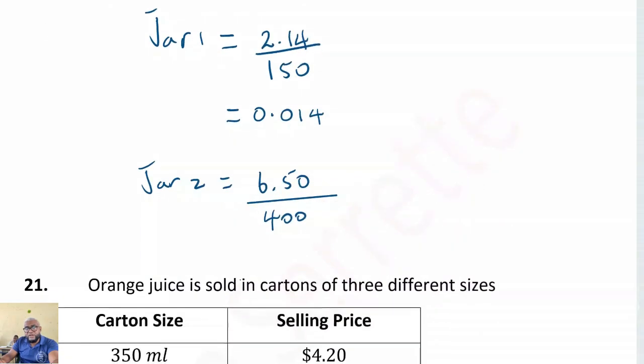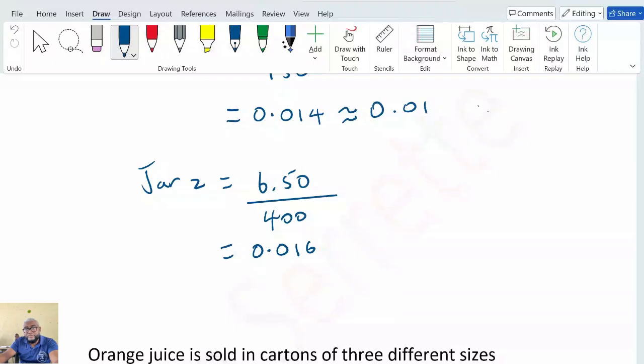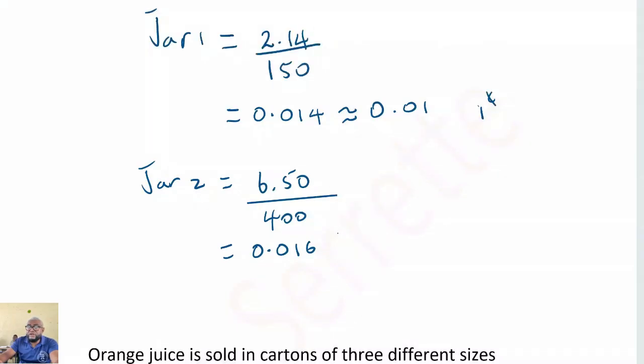How much is this working out to be? 0.01625, which works out approximately to be 0.02, which is 2 cents per gram.